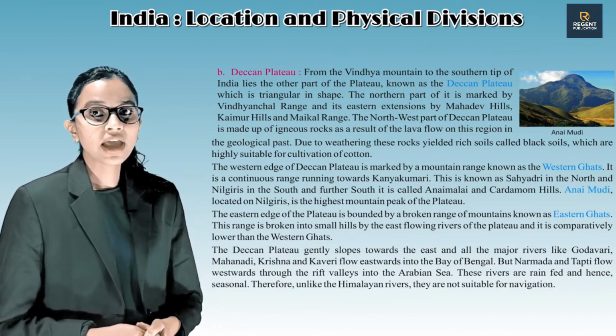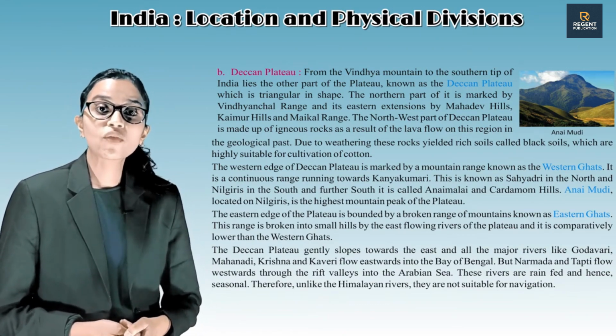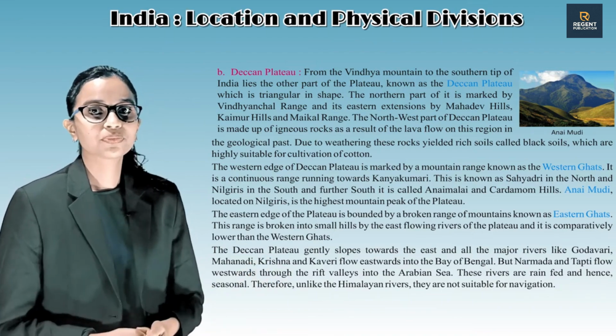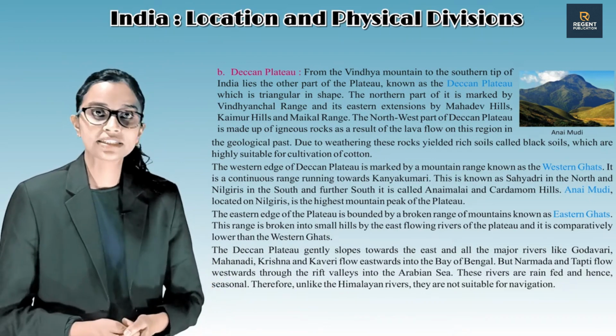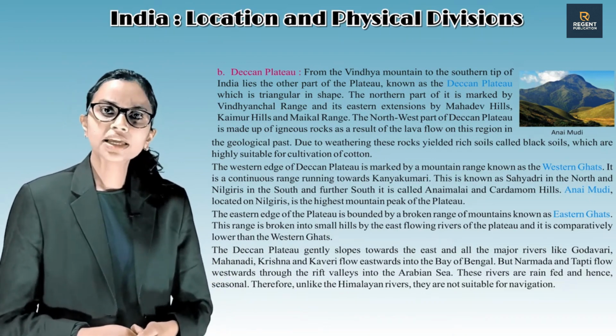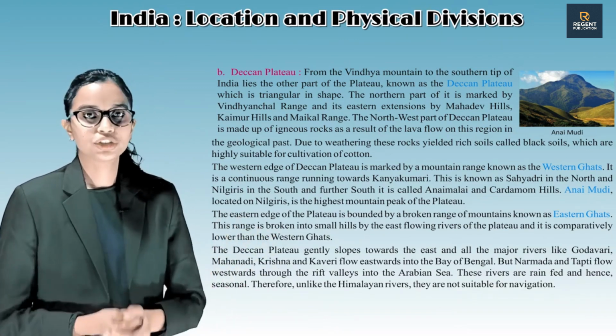But Narmada and Tapti flow westwards through the Rift Valley into the Arabian Sea. These rivers are rain-fed and hence seasonal. Therefore, unlike the Himalayan rivers, they are not suitable for navigation.